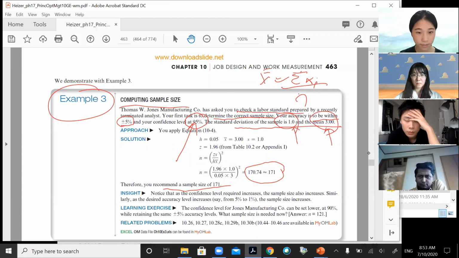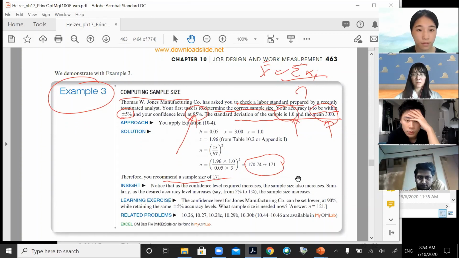If not, the standard time is not accurate and has some doubt. You need to know this: when you do the time standard, you need to confirm the sample size. Okay, right. Any questions?